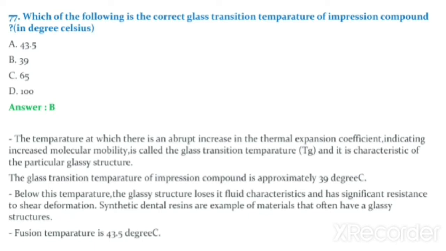Below this temperature, the glassy structure loses its fluid characteristics and has significant resistance to shear deformation. Synthetic dental resins are examples of materials that often have a glassy structures.